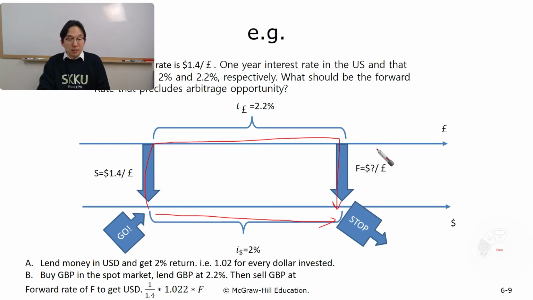And the second investment versus the first investment should give you the same payout. Otherwise you will move your money in one direction or the other, okay? So the FX rate or interest rate will have to move to make it balance, right? So that's the idea over here.